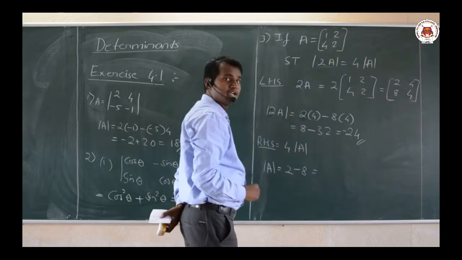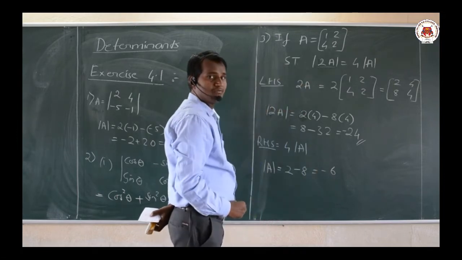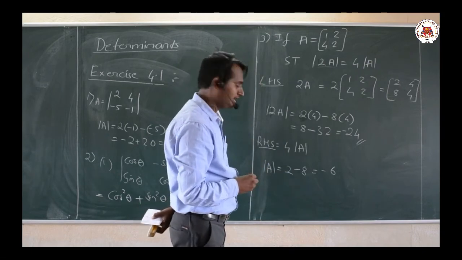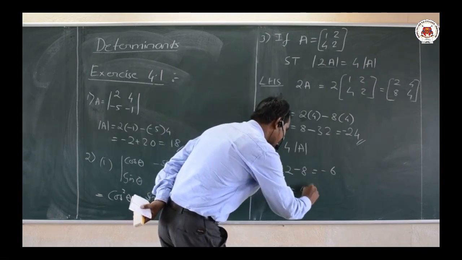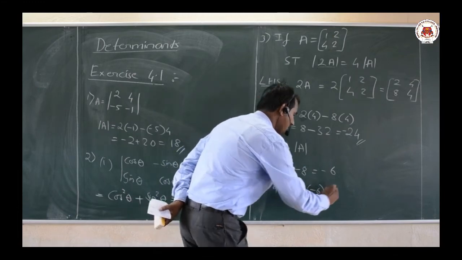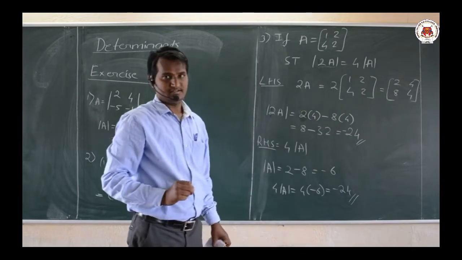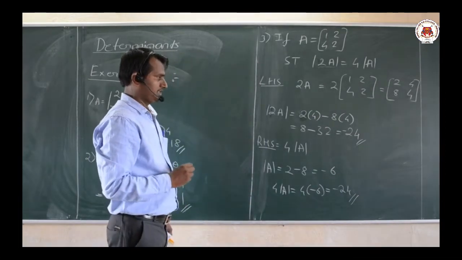So what value do we get here? That is minus 6. But what we require is 4 into determinant of A. So 4 into determinant of A equals 4 into minus 6. The value will be minus 24. That is your required answer. Now we shall move to the next problem.